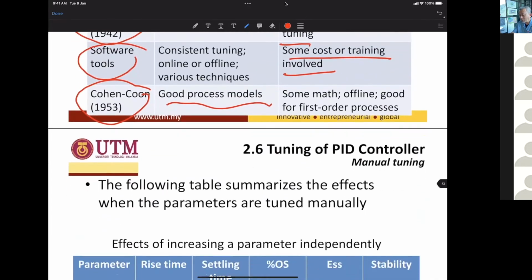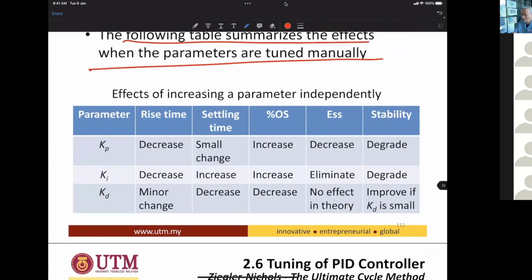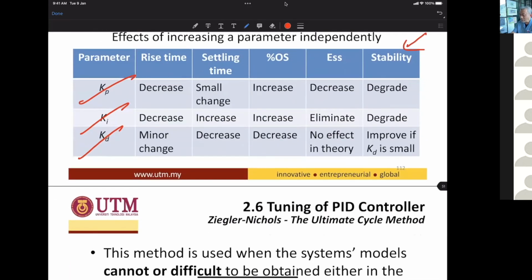So the best method is using a PID controller, which can give you the optimum value of the PID. Because we are going to tune the KP, KI, and KD, when you increase KP, KI will be different and KD will be different. When you increase KI, the remaining P and D will be different, by looking at this table, for the rise time, settling time, overshoot, steady state error, and stability.